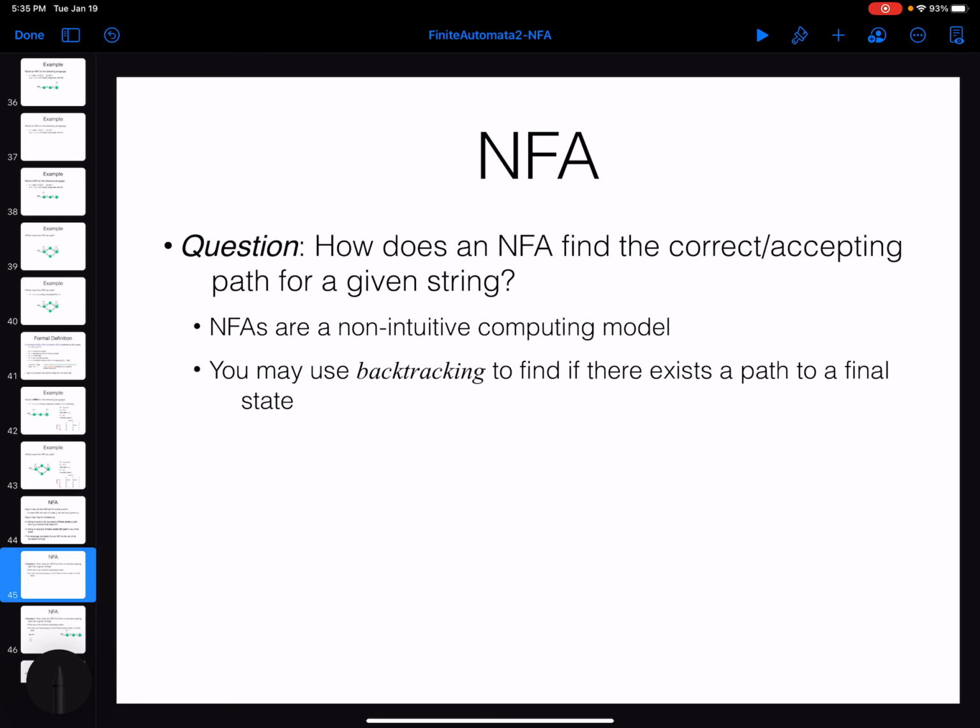Now let me discuss how NFAs are going to work. If you have a DFA, everything is clear. If I give you a transition table, you can simulate what the DFA does, right? You can even write a program to simulate what a DFA does.